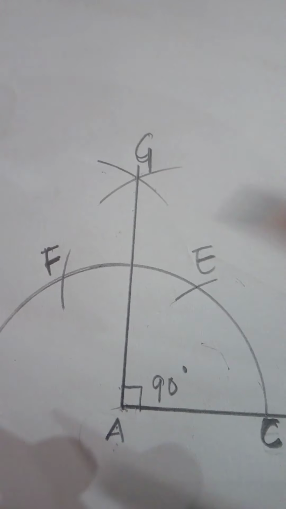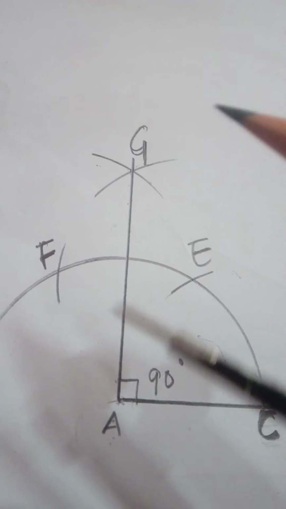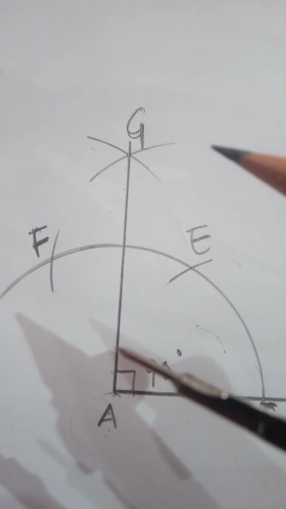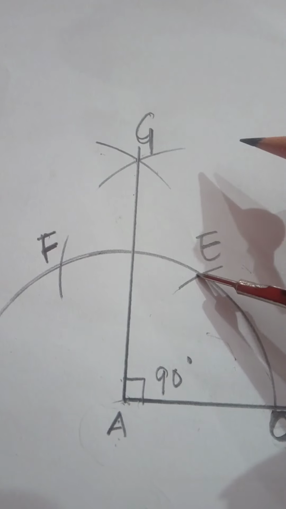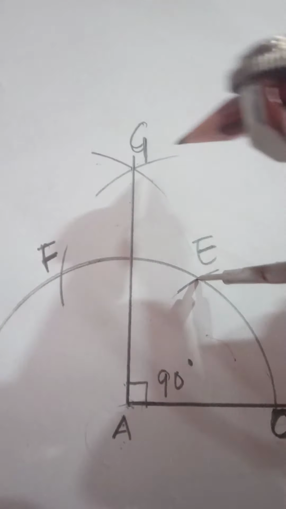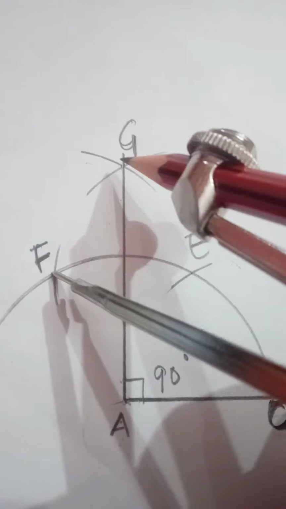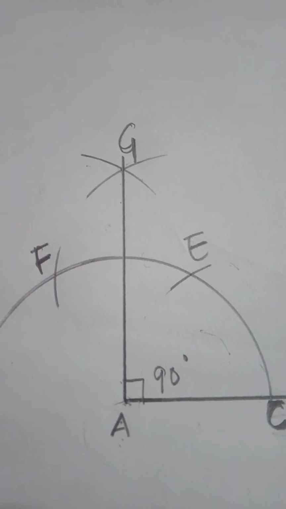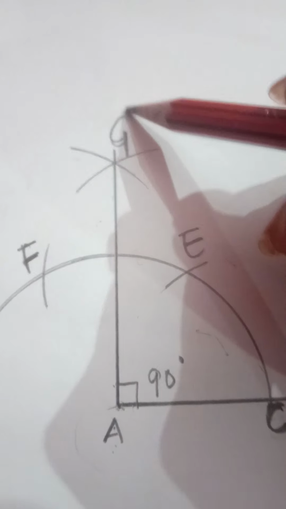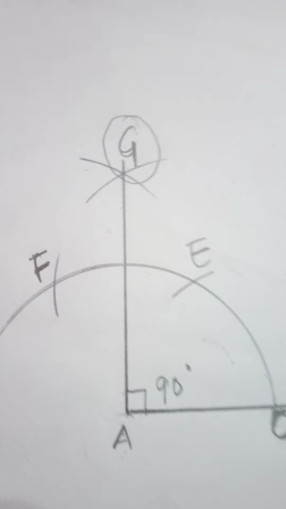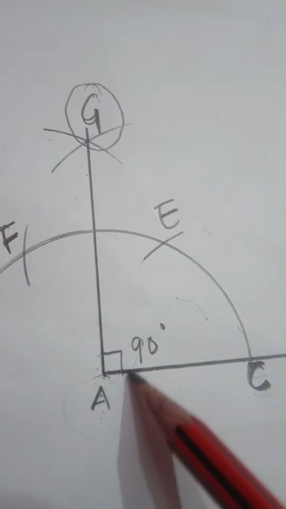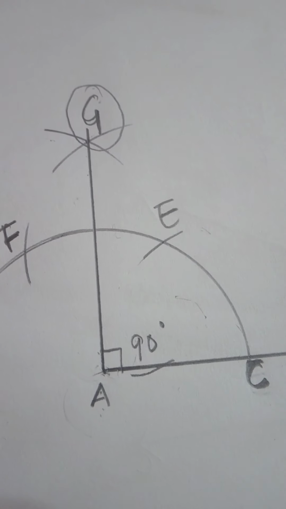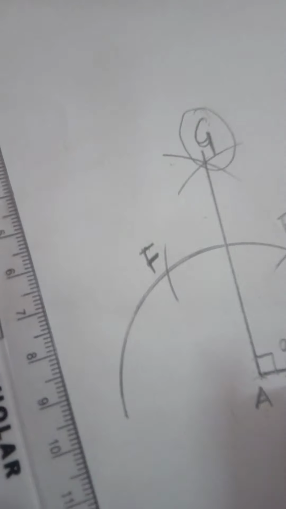You did not need to change the measurement of the compass. After that, taking E as the center, mark an arc outside, and taking F as the center, mark an arc outside. Mark that point as G, and join A and G. It is a 90 degree angle. This is clear. Now we'll do the justification of this.